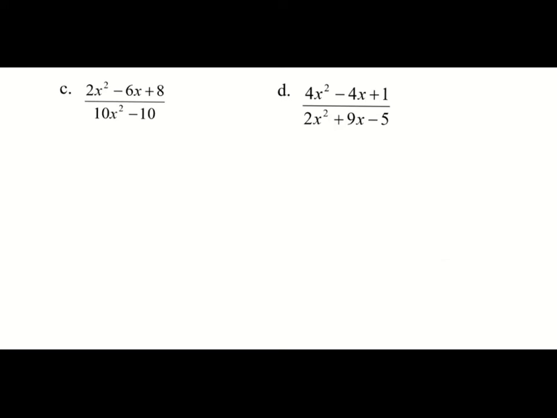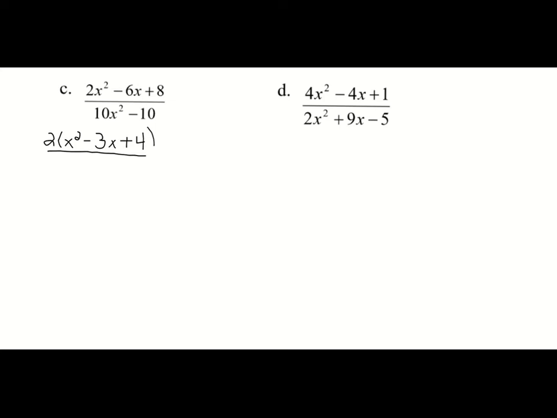All right, let's take a look at C and factor that one. I do see for the numerator that I can pull out a 2 for a greatest common factor. So it will be 2 times x squared minus 3x plus 4.